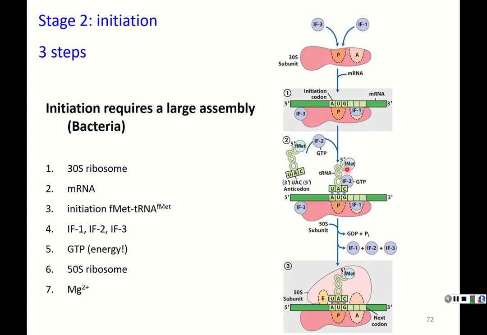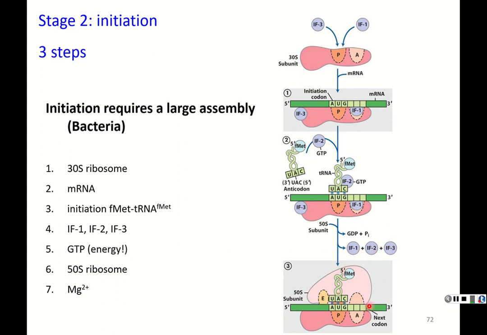When that happens, IF2 with GTP bound can bring in the FMET tRNA, and that FMET tRNA loads up to the start codon in your messenger RNA. The 50S subunit then comes in, and you get that GTP cleavage and the release of all those initiation factors.